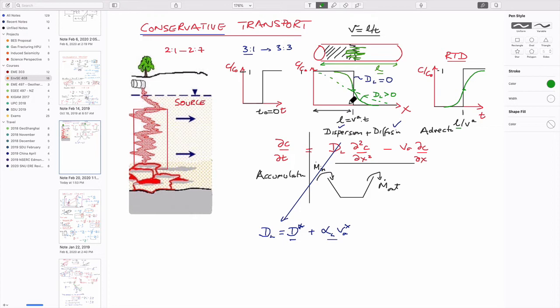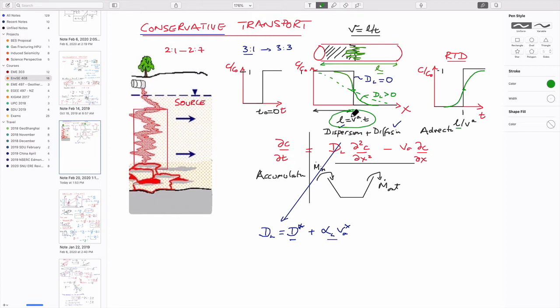The other thing which I think is important to know, which is from 3.2, is that although I've written this again here, this really isn't quite true. Sometimes it's offset from here, because this is just a simplification of what's going on.